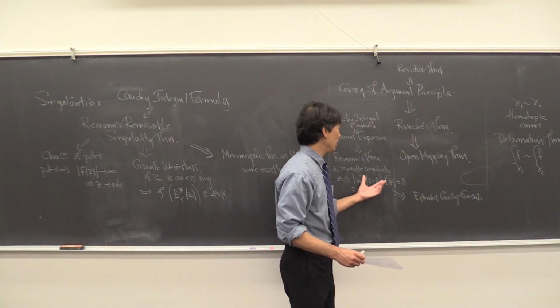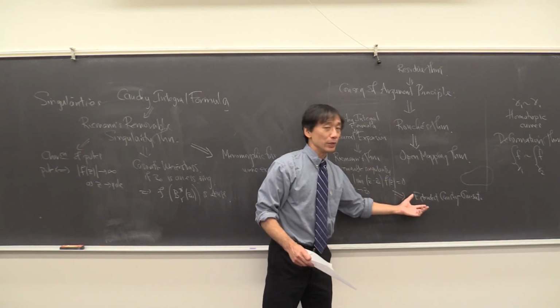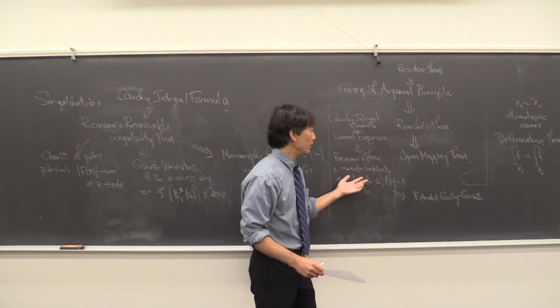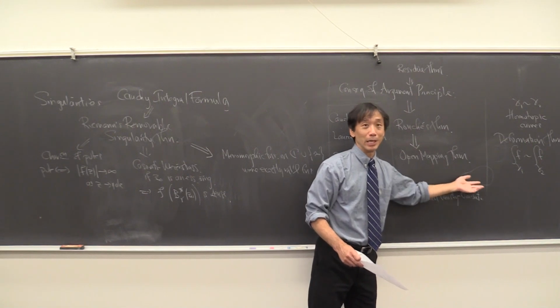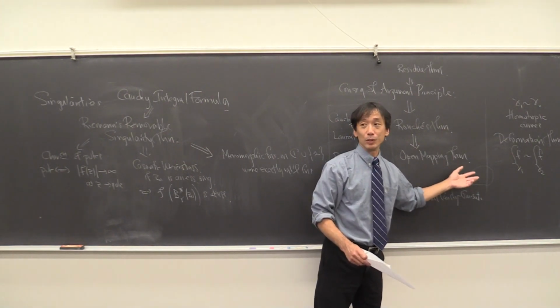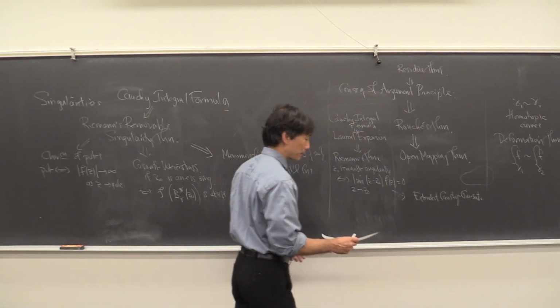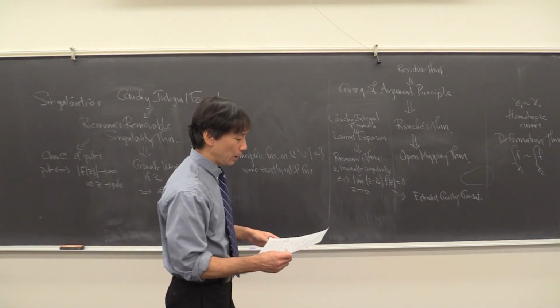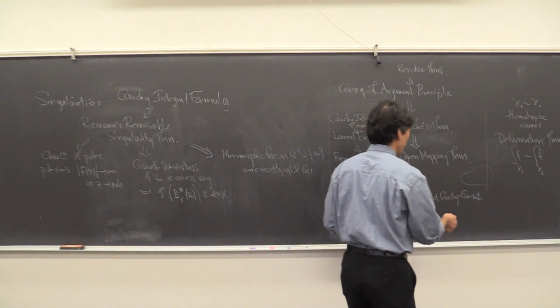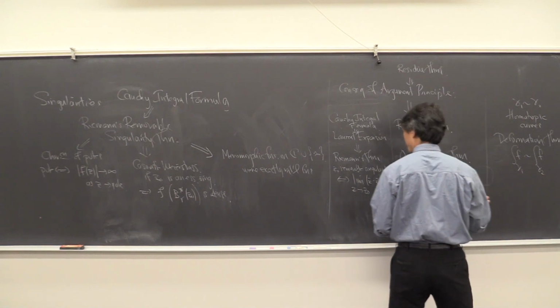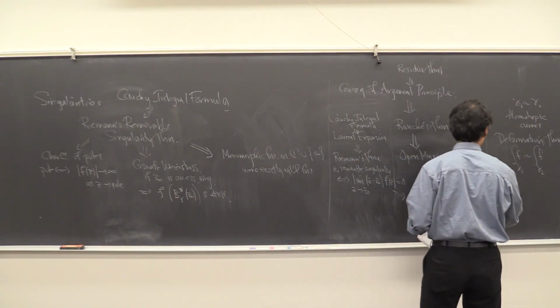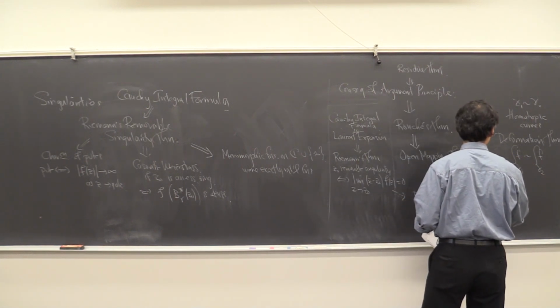The extended version says that as long as you have removable singularities in there, you can still use Cauchy-Goursat. What that was useful for was, we also introduced the geometric idea of the winding number.